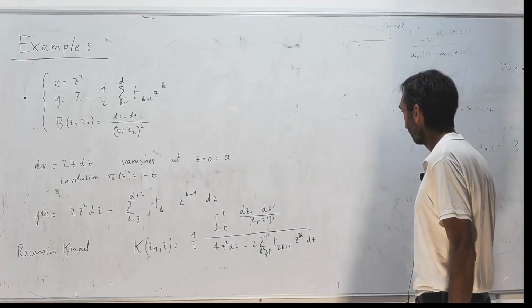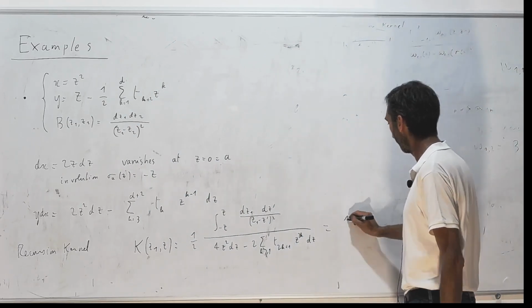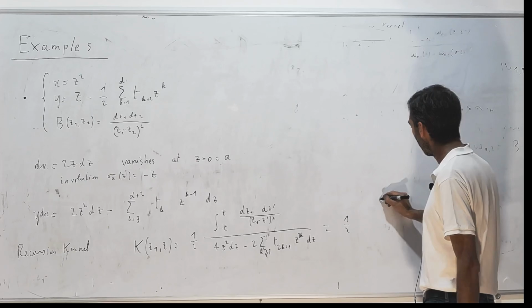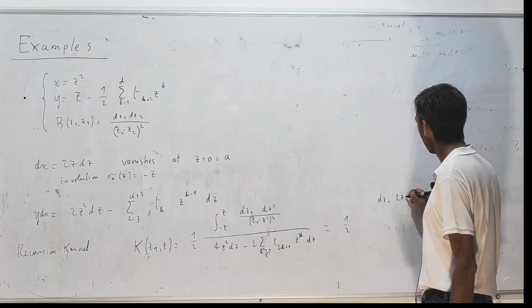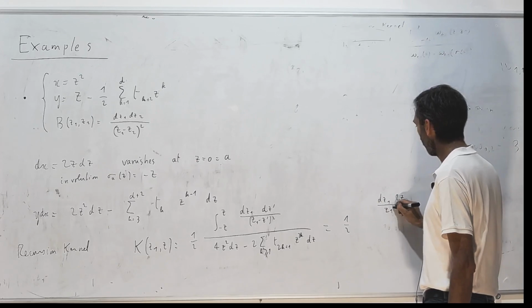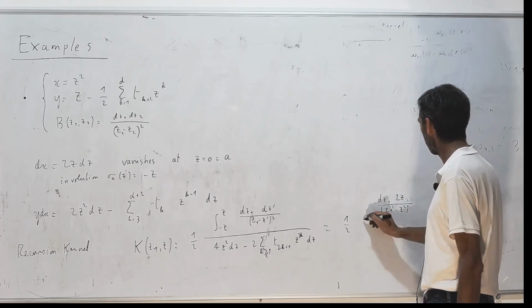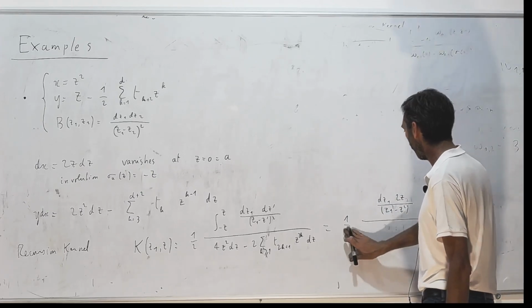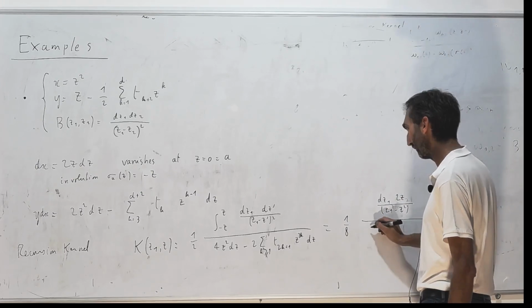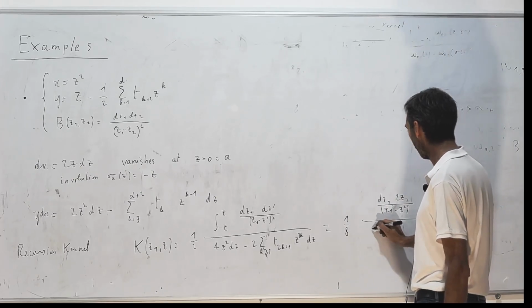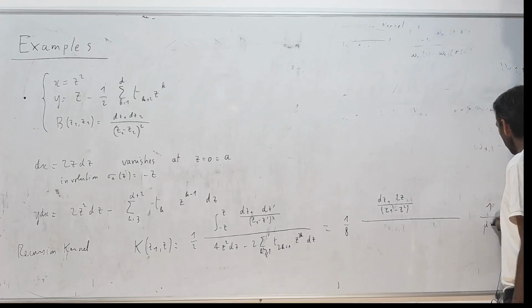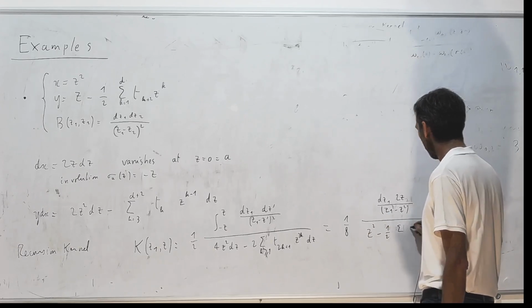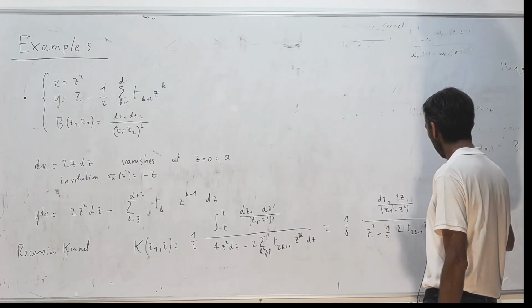So let's compute 1/2, and the numerator can be computed. It is dz1 times 2z over z1 squared minus z squared, divided by, let me put the 4 in front, so that's an 8. And let me put the dz there. So we have z squared minus 1/2 sum over t_(2k+1) z^(2k).